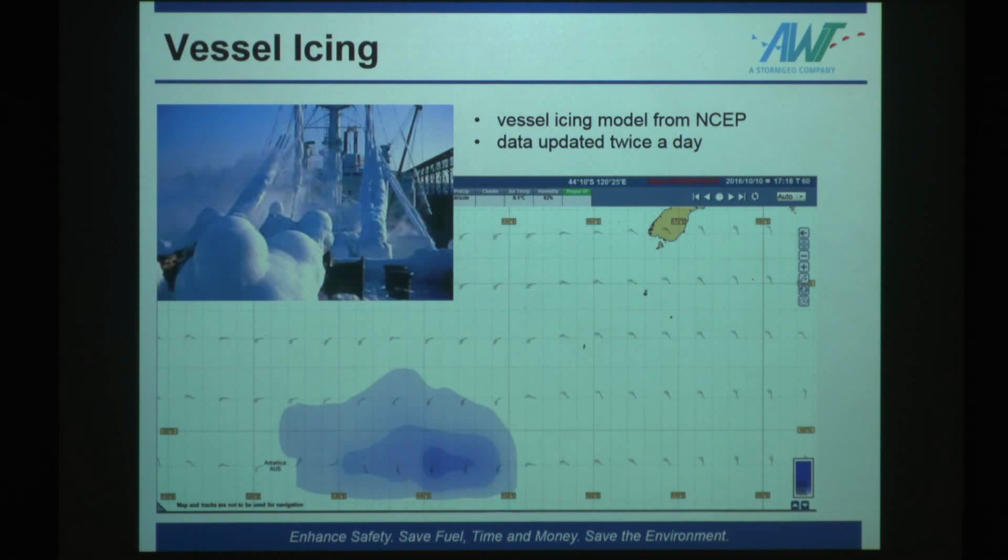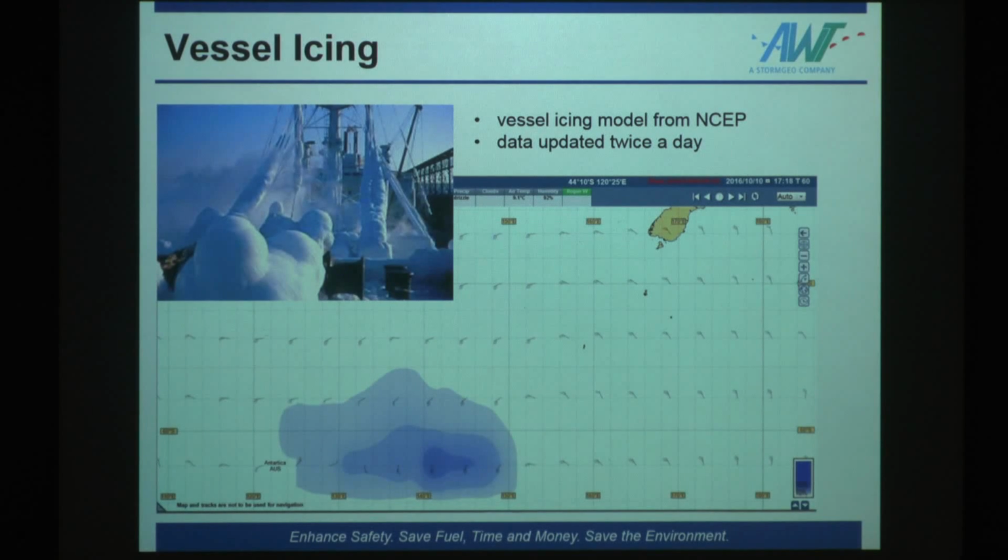Fortunately, NCEP has a vessel icing model, which has been around since the 1980s. It takes the freezing point of seawater, the sea surface temperature, wind speed, and the air temperature as inputs, and then it calculates something called the vessel icing threat, like how fast the ice is accumulating on the structure.